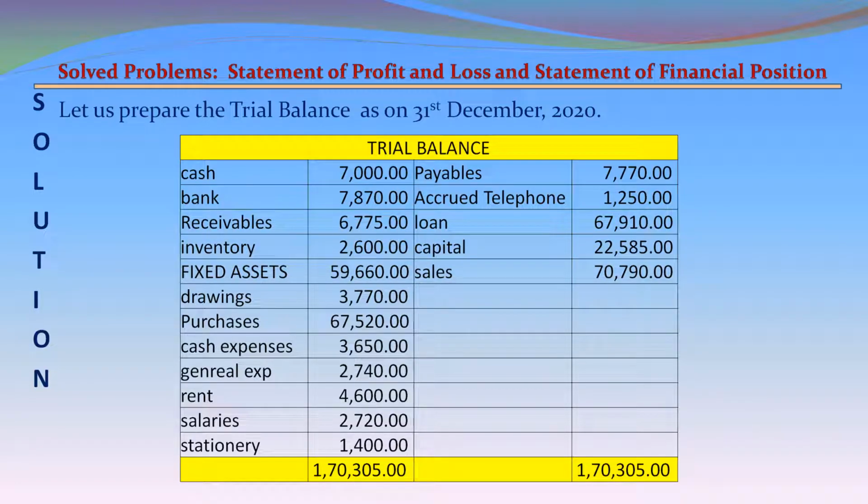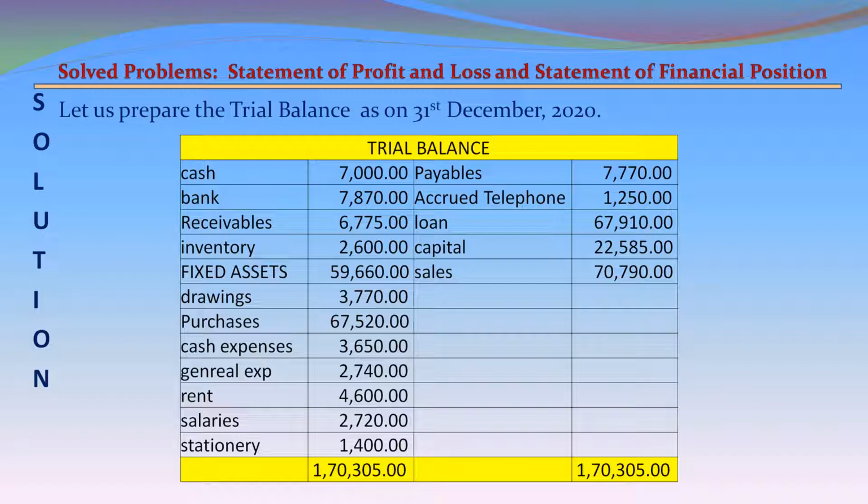Trial balance. On the debit side, cash 7,000, bank 7,870, receivables 6,775, inventory, opening inventory 2,600, fixed assets 59,660, drawings 3,770, purchases 67,520, cash expenses 3,650, general expenses 2,740, rent 4,600, salaries 2,720, stationery 1,400, total debits 170,305.